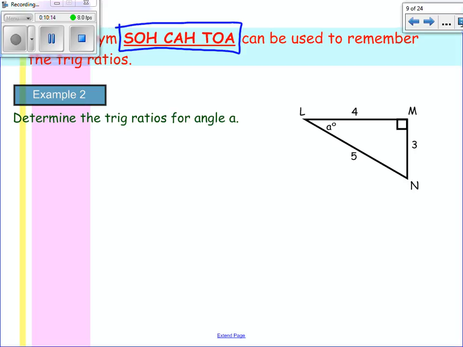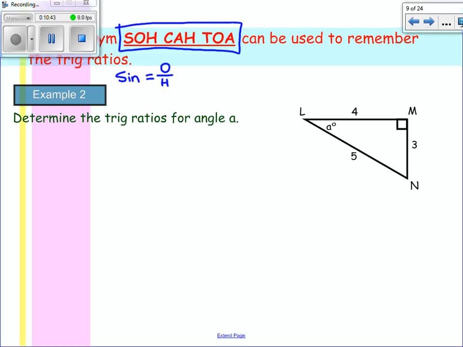Each one of these little 3-letter segments is one of your formulas. So SOH means sine equals opposite over hypotenuse. Yeah, we write it shorthand SIN. Remember, it's not sin, it's sine.